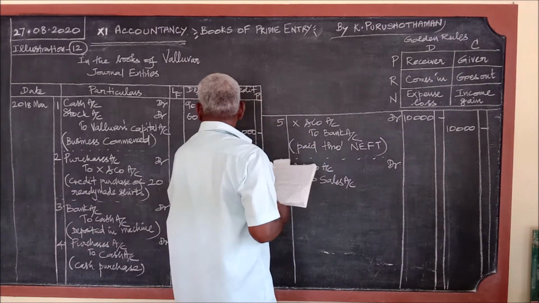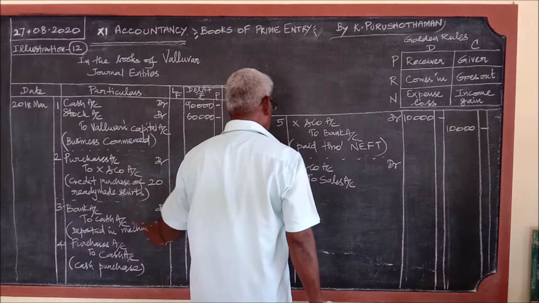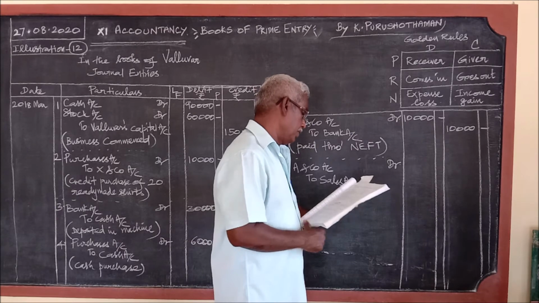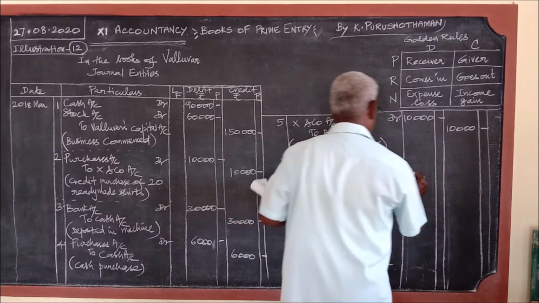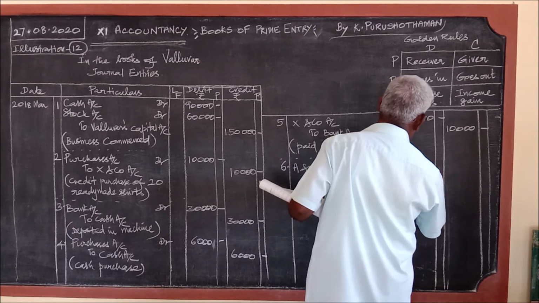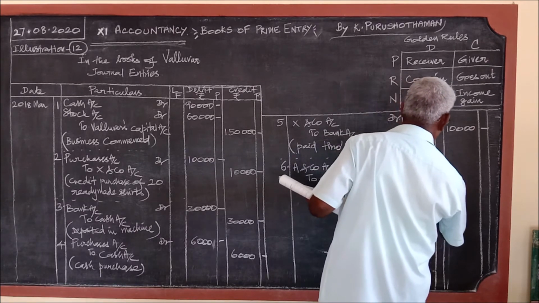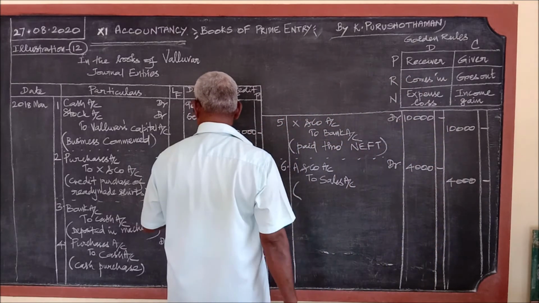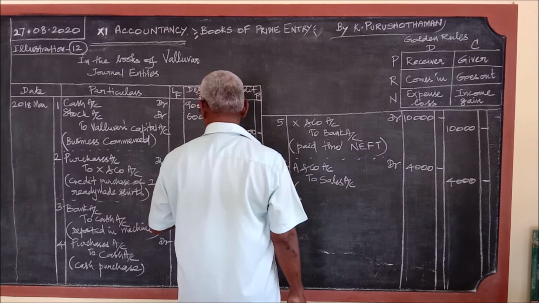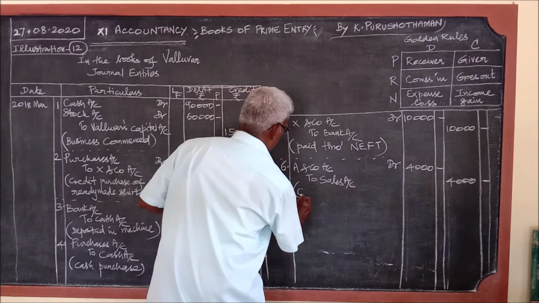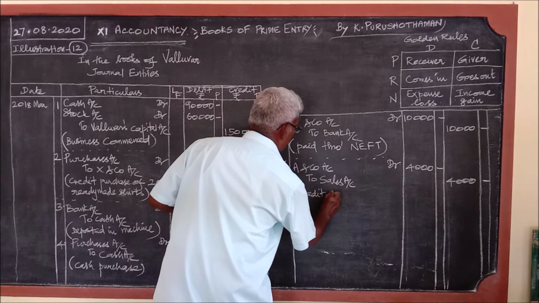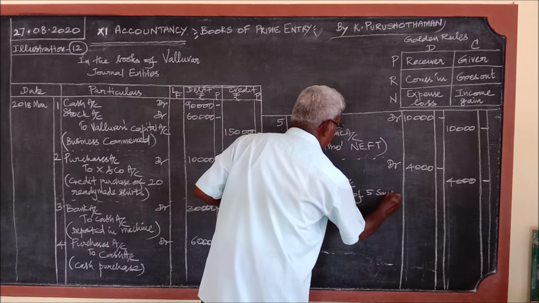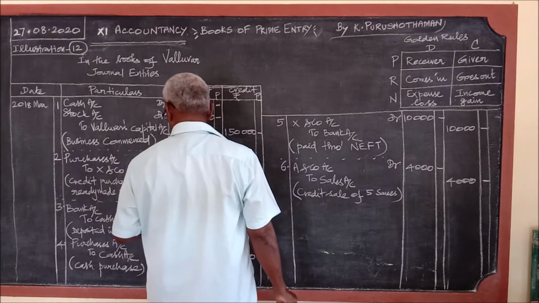When goods are purchased, purchases account debit; when goods are sold, to sales account credit. The amount is 4,000. Narration: credit sale of 5 sarees.